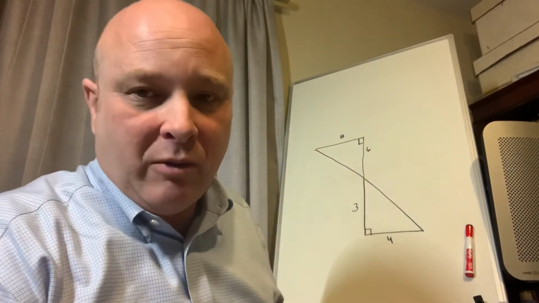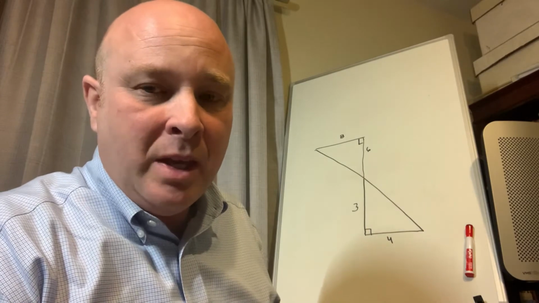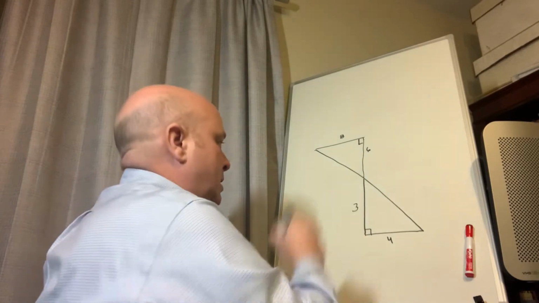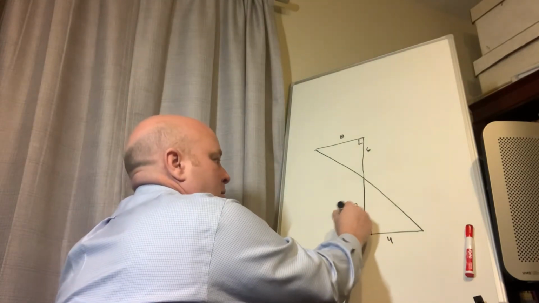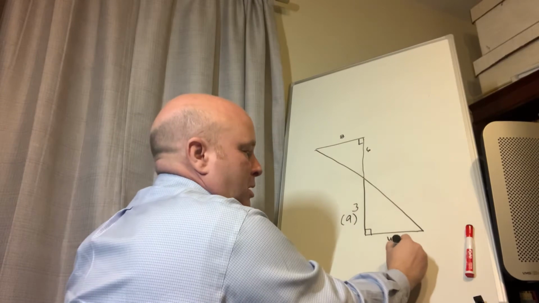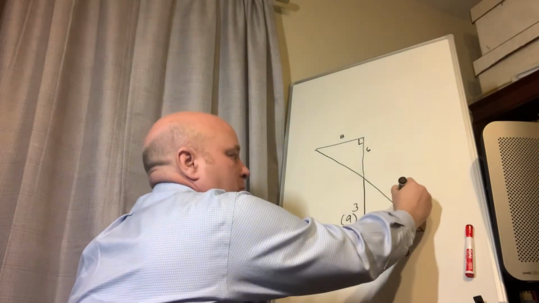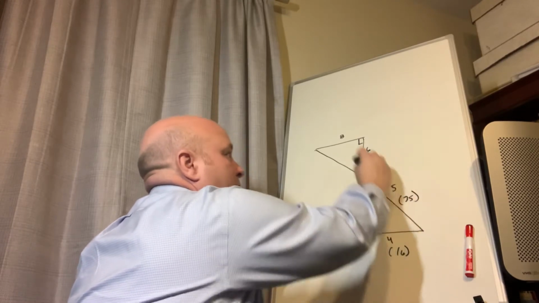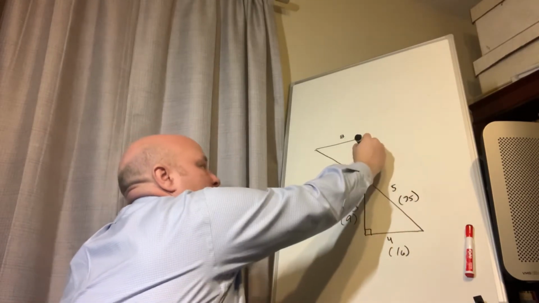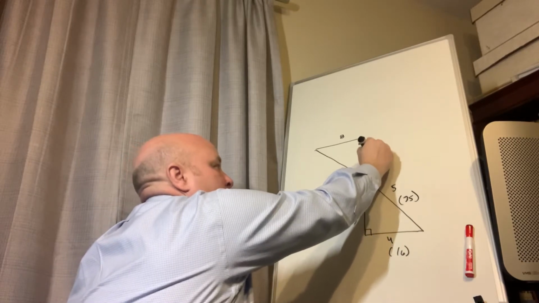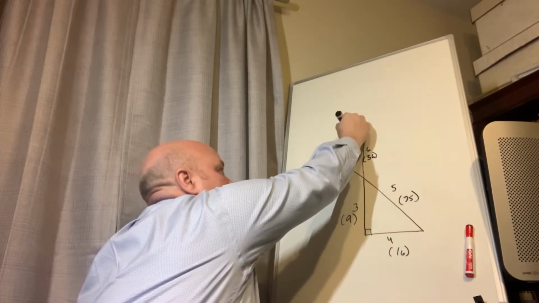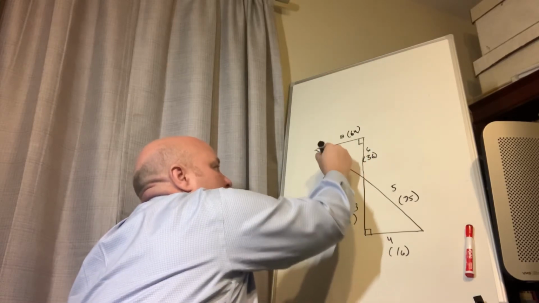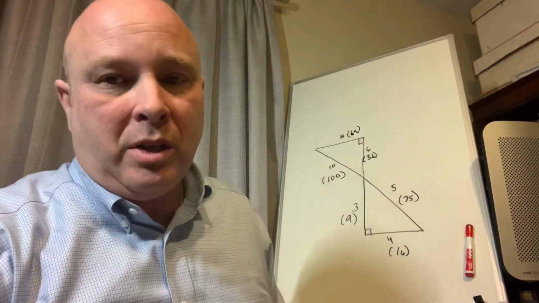What I've got drawn here on the board is not drawn to scale, but if you take 3 squared, that's 9, plus 4 squared, 16, that equals 25, which is the square of 5. 6, 8, 10 works the same way. 36 is our square, plus 64 equals 100, and the square root of 100 is 10.